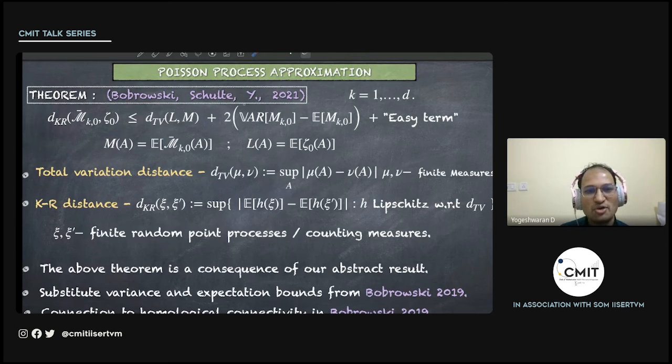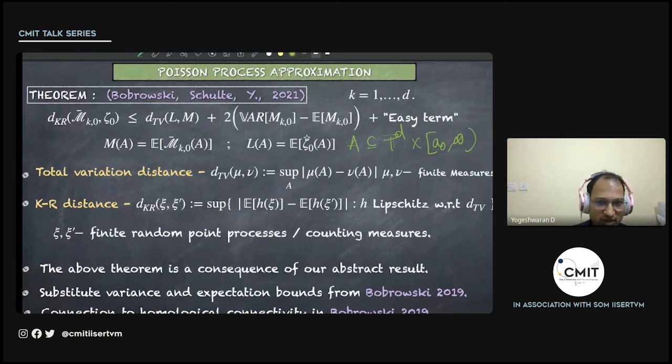What I want you to note is the following: the distance between these two point processes in Kantorovich-Rubinstein distance is one of the stronger distances between point processes. Remember, A is a subset of T^d cross A naught comma infinity. So A is a subset here.